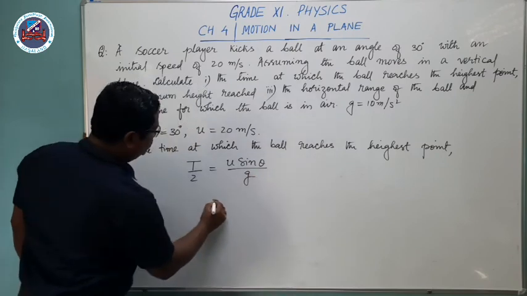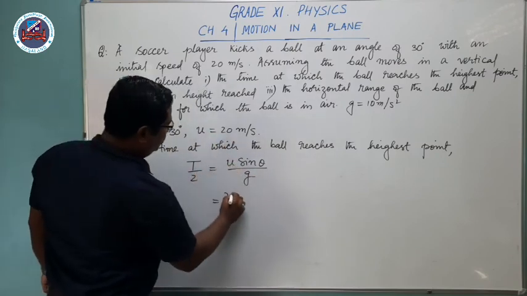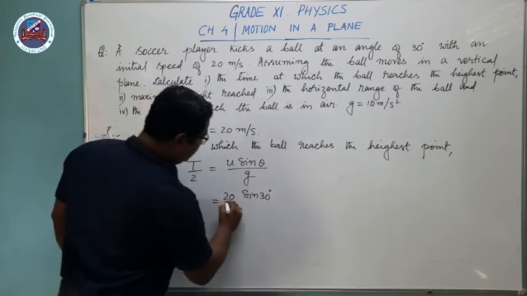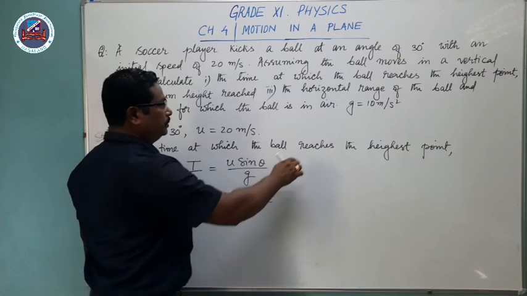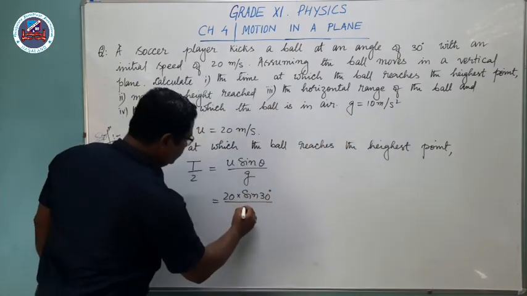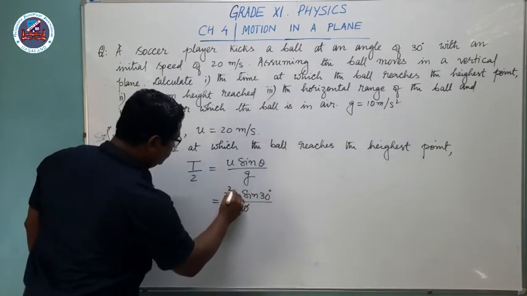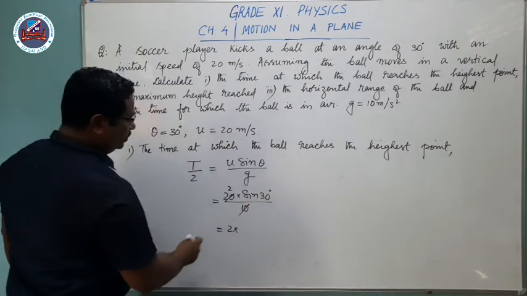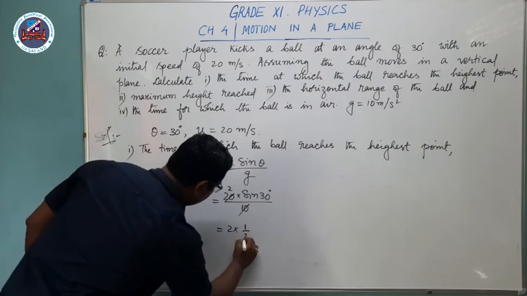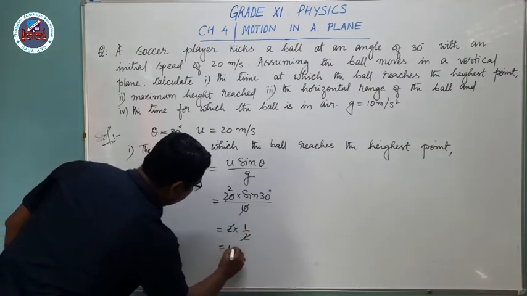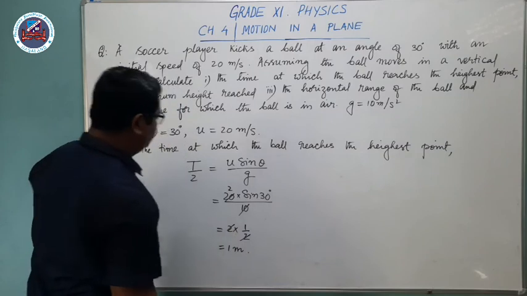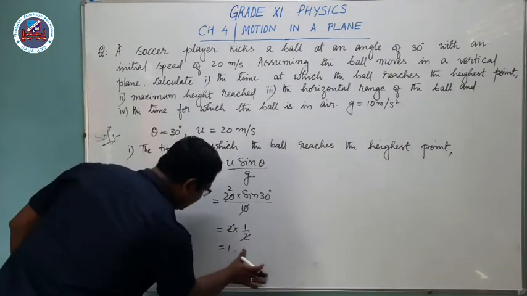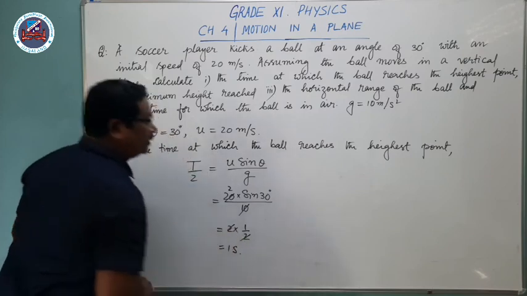Put the values. U is 20, sin theta, theta is 30 degrees here, and g value is given to you as 10 meter per second square. So take 10, 10 2s are 20, 2 into sin 30 degree is equal to 1 by 2. So you will get 1. We are finding out the time, so it will be in seconds, 1 second.